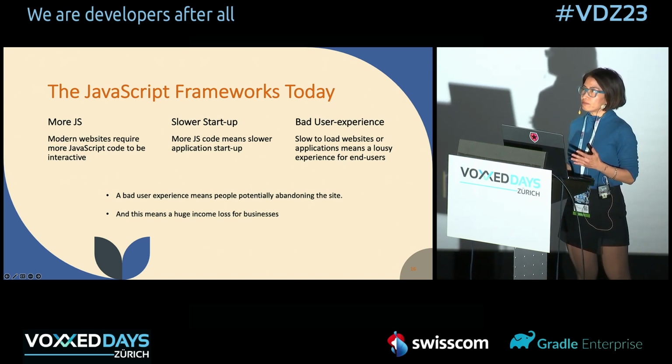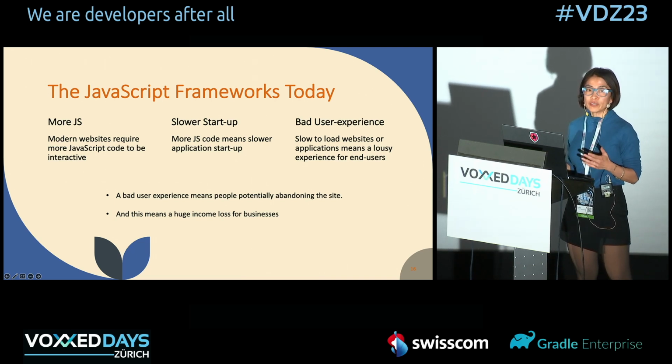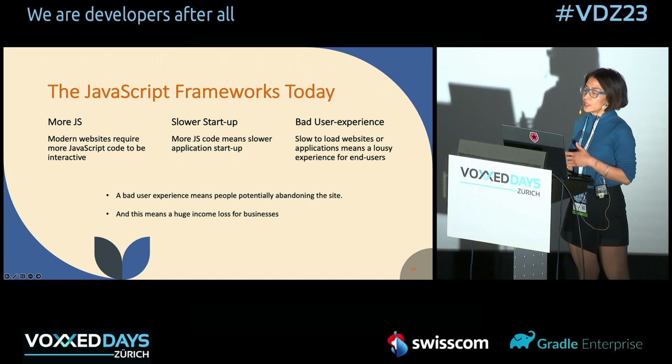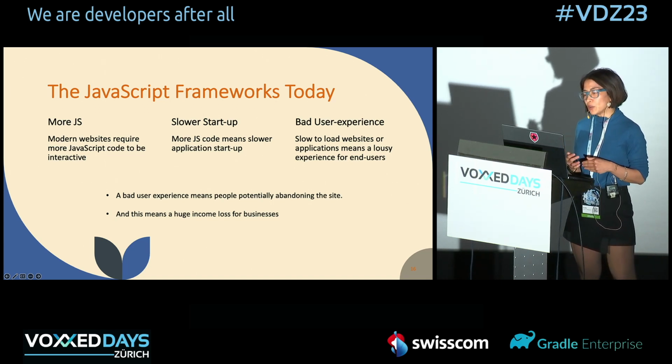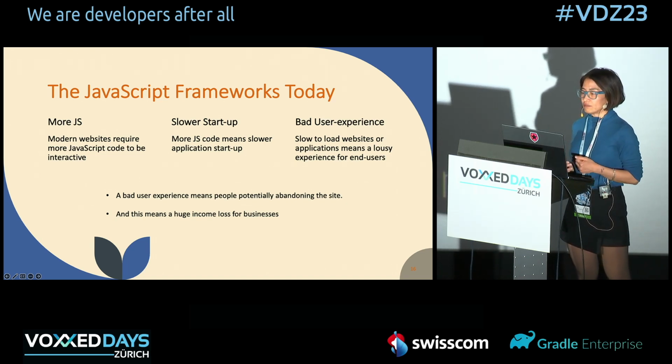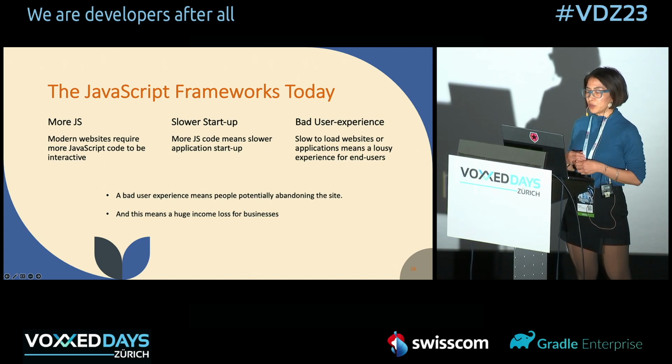Especially, frameworks have become big over time because modern websites require even more interactivity. And as our site grows, it just keeps on getting complicated, and so we add more code.